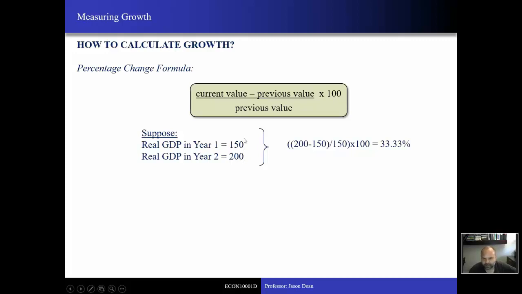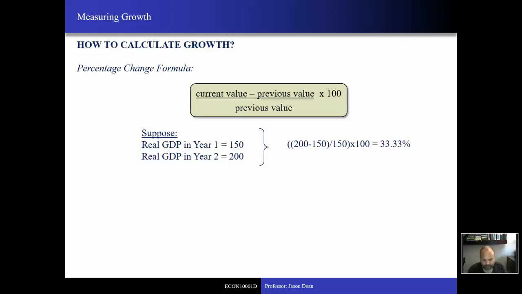Well, it's the difference, which is 50, divided by what it was before, 150, and then we multiply that by 100, and in this case it would be 33%. Now this isn't the most realistic example. Most developed countries grow between 1 and 3% per year. 4% growth in a particular year would be considered very good. So that's how you calculate growth in terms of just real GDP.